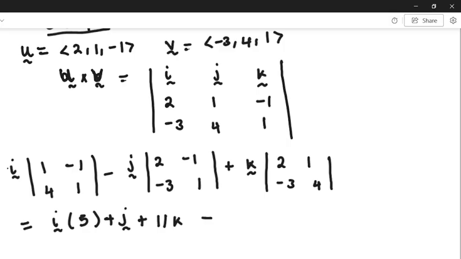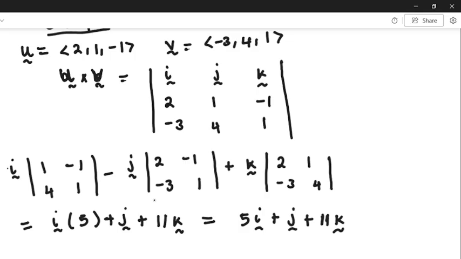So here we are going to get 5I plus J plus 11K. So this is not a normal matrix, something we are getting, but the name has disappeared. So that is what you get after finding U cross V.